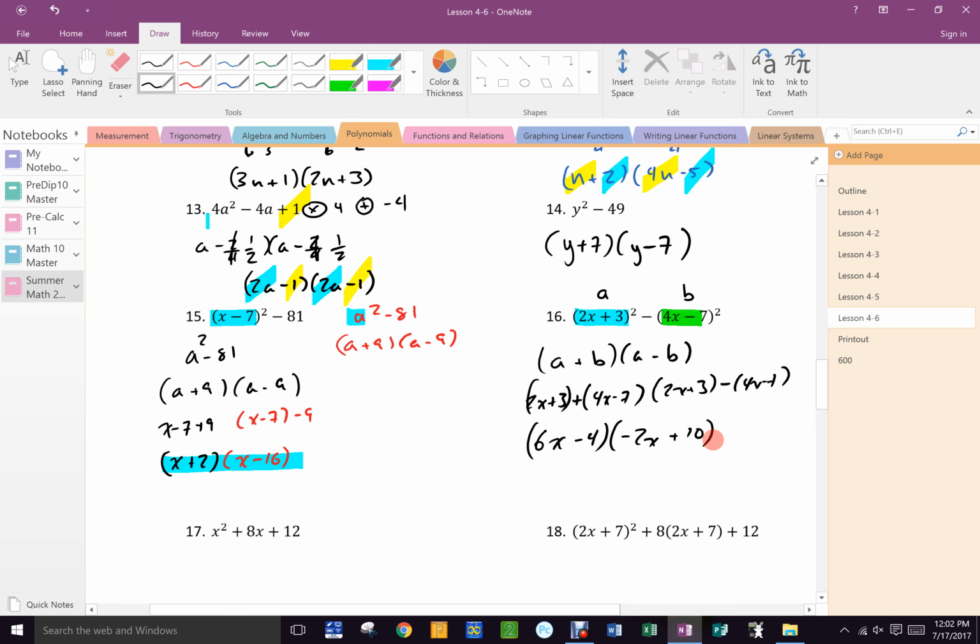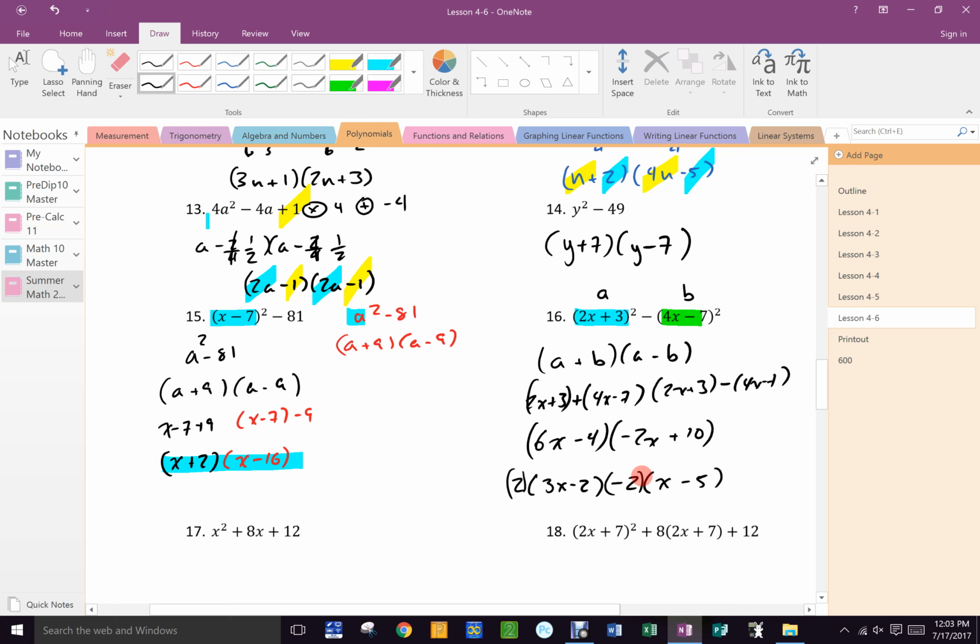Why not? Because 2 fits into everything, right? So this becomes 2, 3x minus 2. And what's this become? You could take out a negative 2: x plus 5, I would make it minus 5.